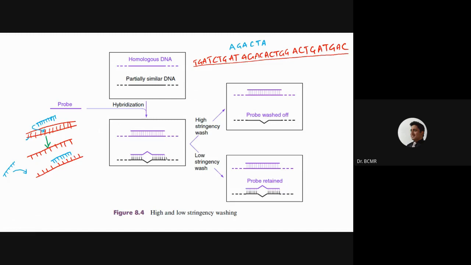Okay. Where do you think this probe will bind, and where will it not bind? There are two possibilities.